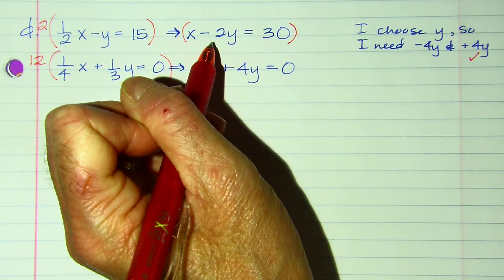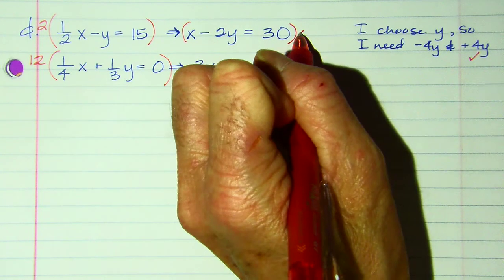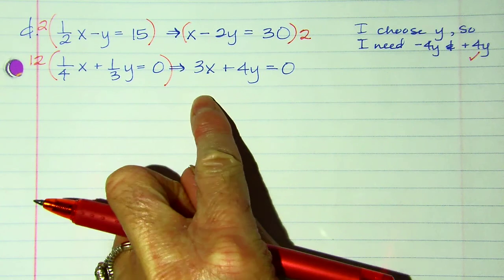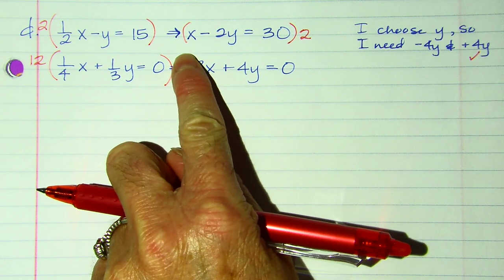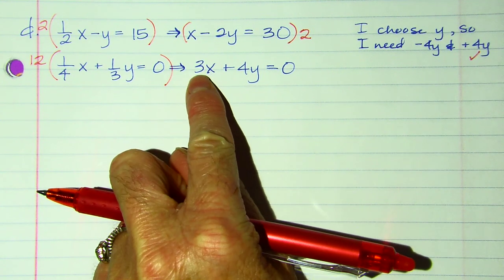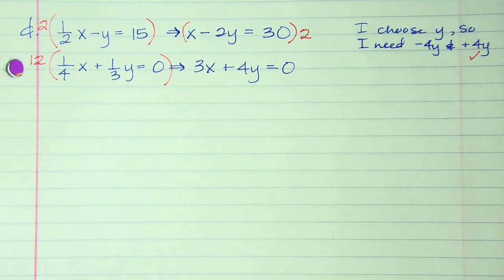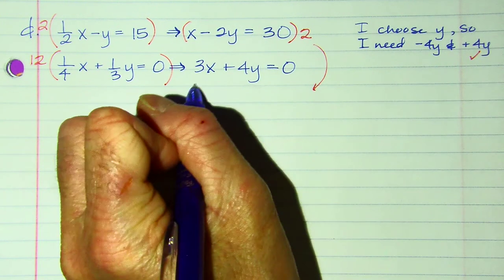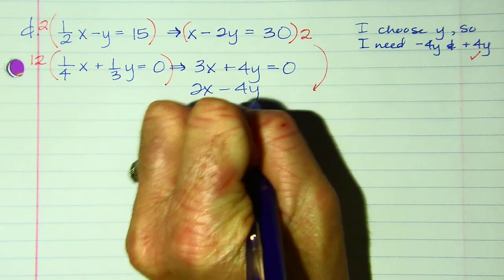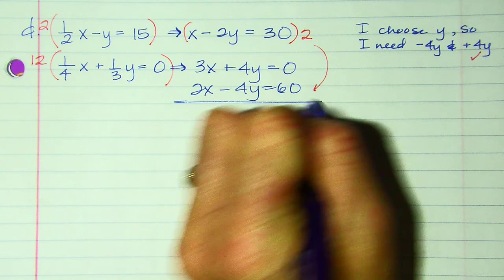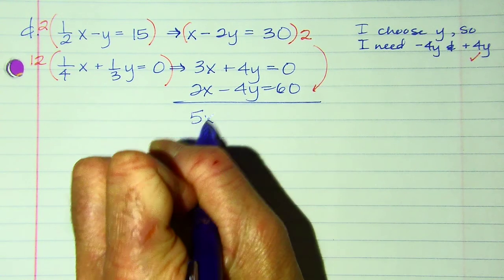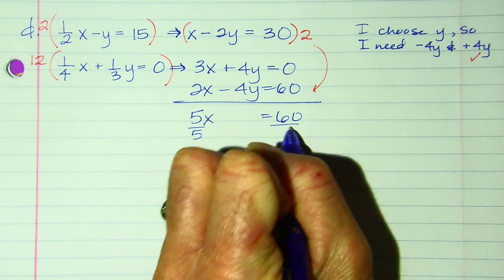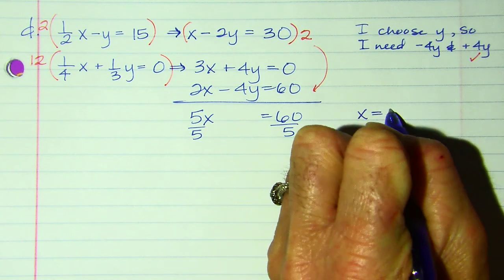It's already negative, so negative 2 times 2 gives me negative 4. If you chose x, then you should have multiplied the top by a negative 3, because negative 3x will be the opposite of positive 3x. So I'm going to distribute that, and I'm going to write the result here. So 2x minus 4y equals 60. I get 5x. These eliminate, equals 60. Divide by 5, and x equals 12.